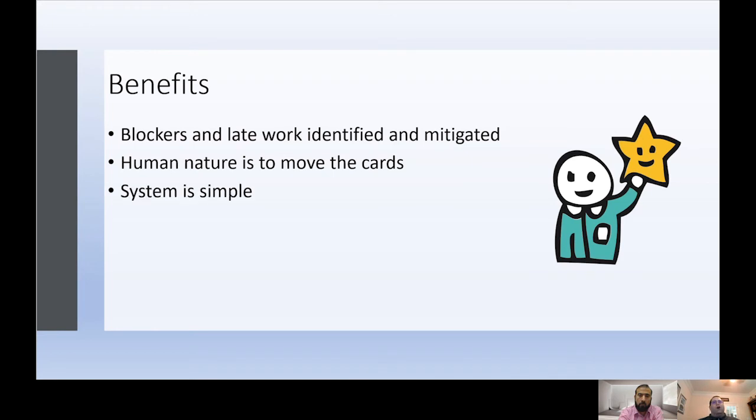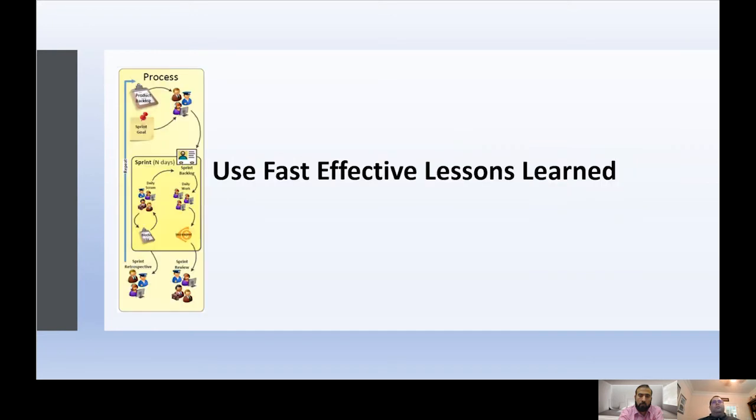So what's the benefit of using something like this? Blockers and late work is identified and mitigated. The human nature is to move those cards. People just love moving those cards. The system is simple. Let me give you one last area that Agile kind of introduces that is very effective, is this continual lessons learned process.